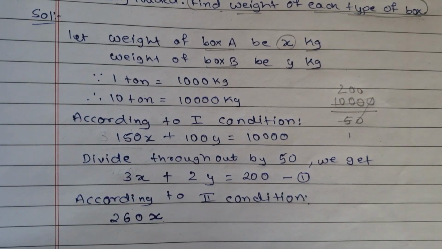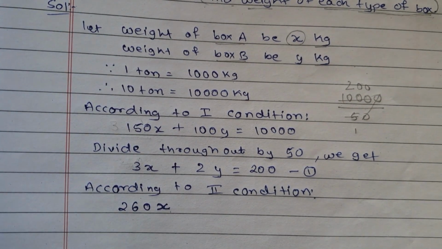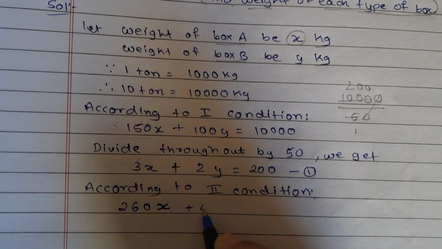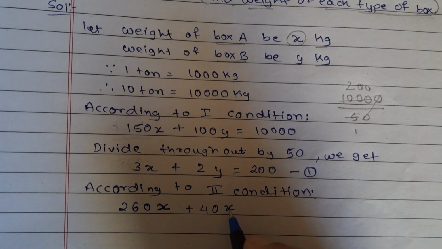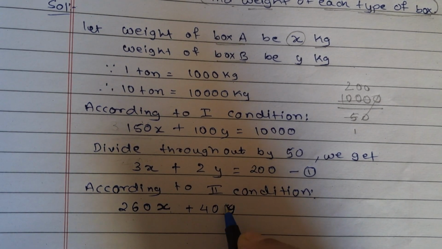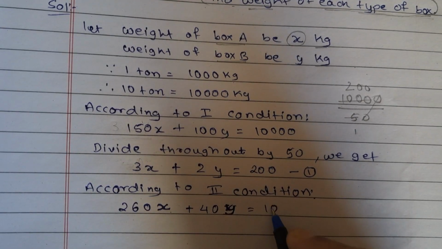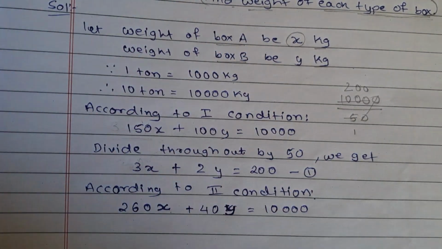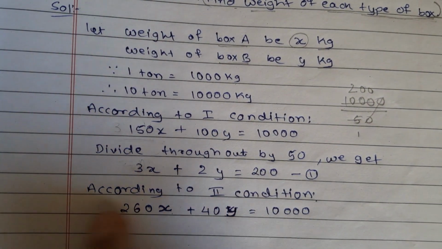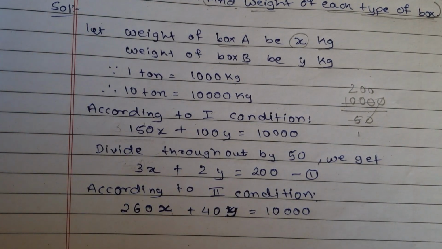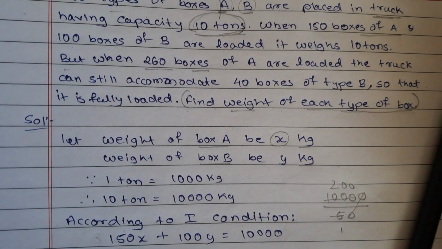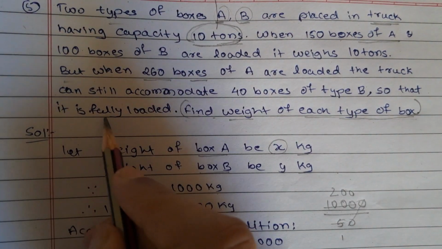So it means nothing else but that along with 260x, if I put 40 boxes of B, B means y, sorry, this will count up to 10 tons. The truck is fully loaded, so the complete weight will be 10 tons. One thing to note here: "fully loaded" is a phrase that might confuse us.